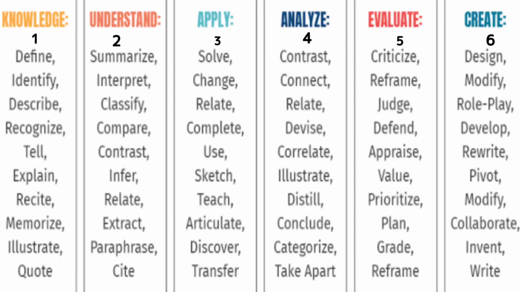Here are some terms which help the students and teachers to understand more about the taxonomy levels. First, knowledge: define, identify, describe, recognize, tell, explain, recite, memorize, illustrate, and quote.